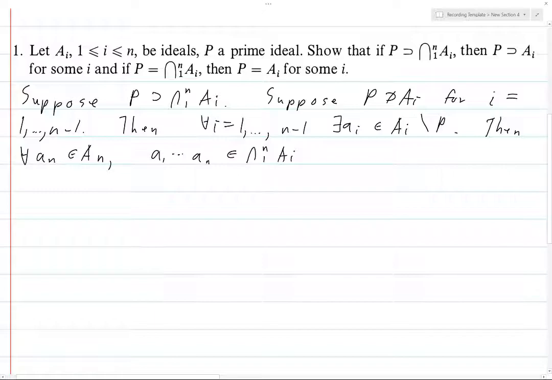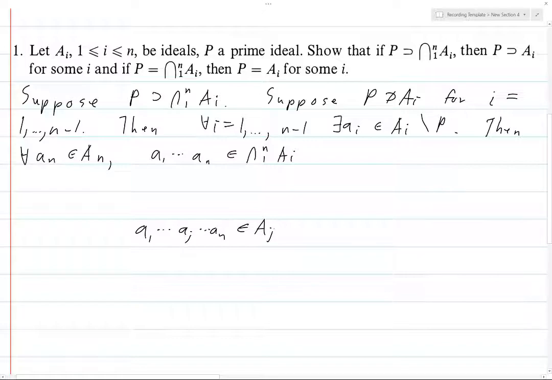And that's because if we fix AJ, then A1 through AJ through AN, we know AJ is an element of capital AJ, and we're just multiplying this on the left and right by other elements of the ring, and since capital AJ is an ideal, we know that this element is contained in capital AJ.